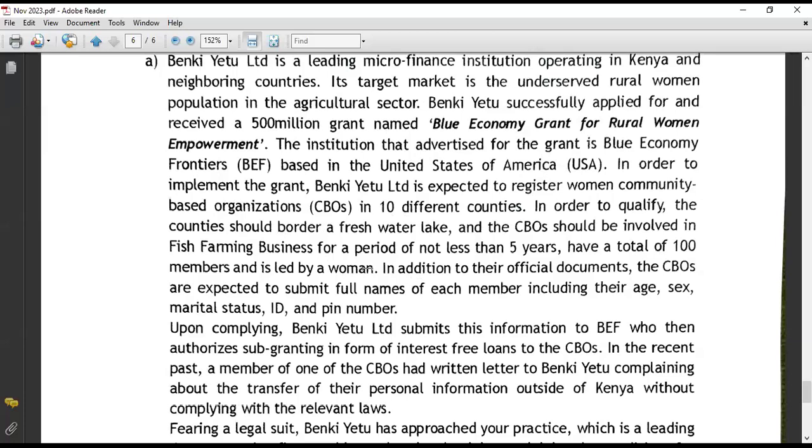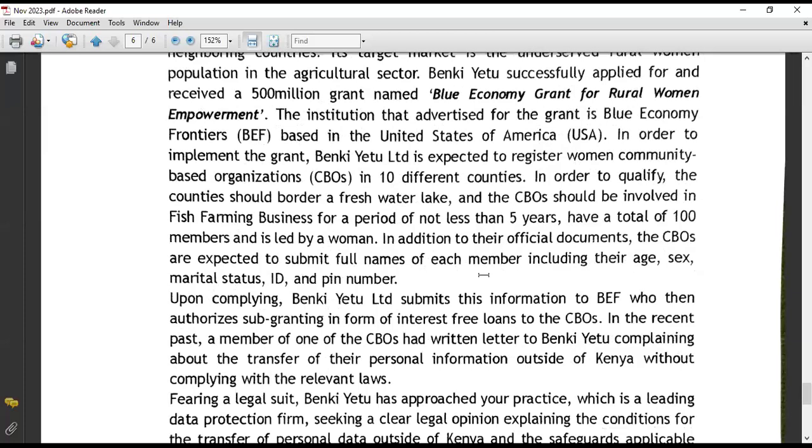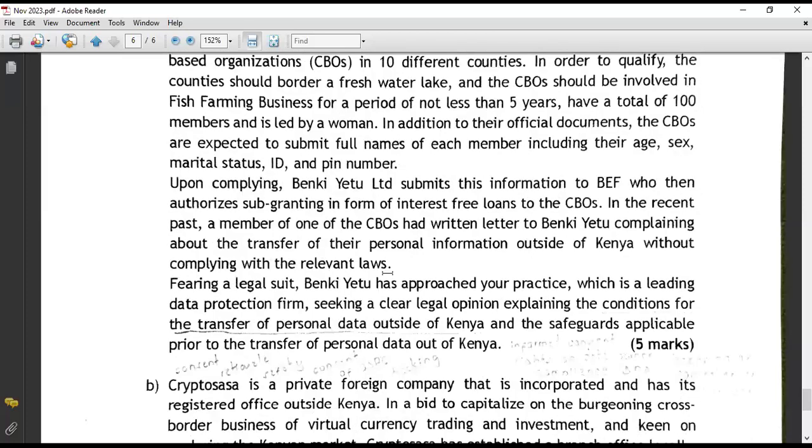and CBOs should be involved in the fish farming business for a period of not less than 5 years, have a total of 100 members, and be led by women. In addition to the official documents, the CBOs are expected to submit full names of each member, including their age, sex, marital status, ID, and PIN numbers. Upon complying, Benki Yetu submits its information to BEF, who then authorizes sub-granting in the form of an interest-free loan to CBOs.